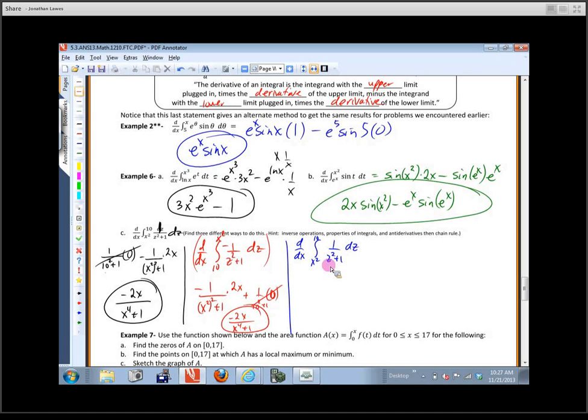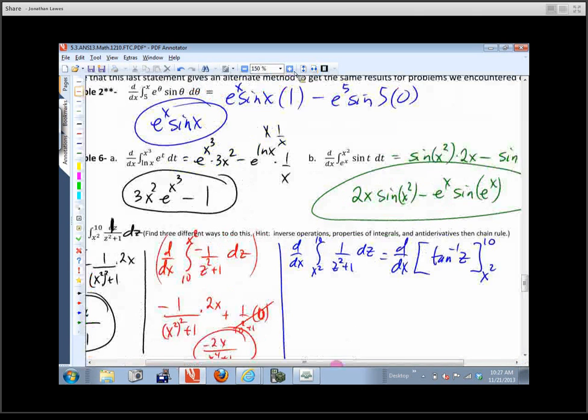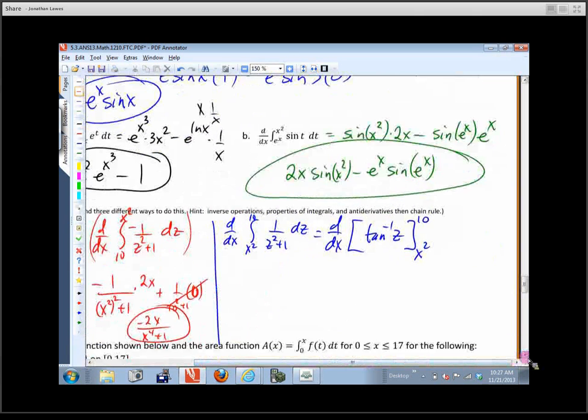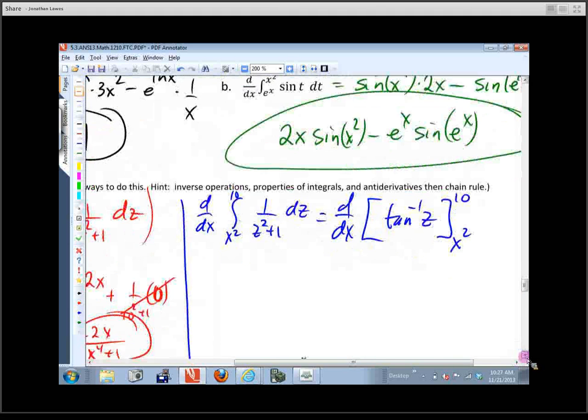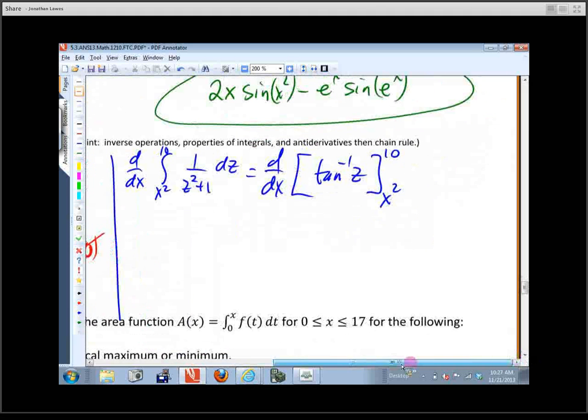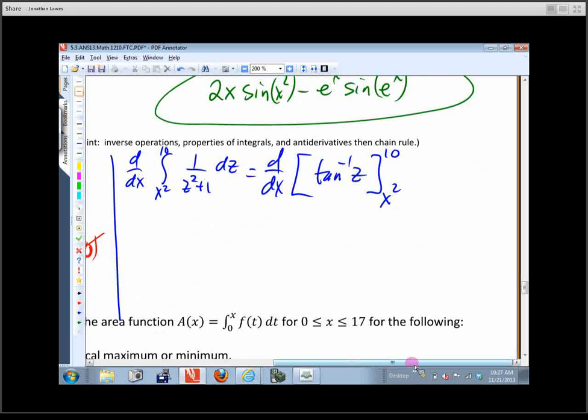Tangent inverse, okay? So here's what I've got. I'm going to find the antiderivative, and I'm going to evaluate this definite integral. So this is going to be tangent inverse of z evaluated from x squared up to 10. Is that okay? We in good shape? Okay.